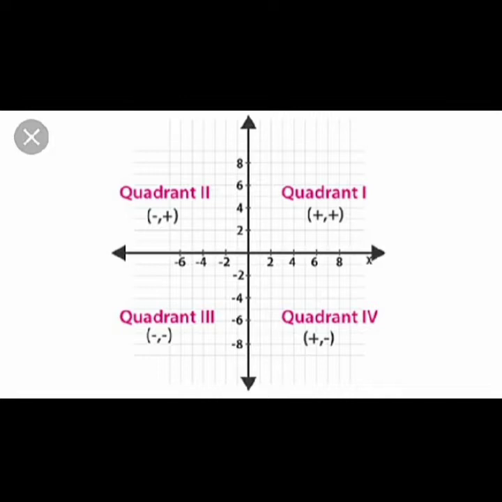In the first quadrant, the x value and y value are both positive. Second quadrant, x value negative, y value positive. Third quadrant, x value and y value both negative. And the fourth quadrant, x value is positive and y value is negative.